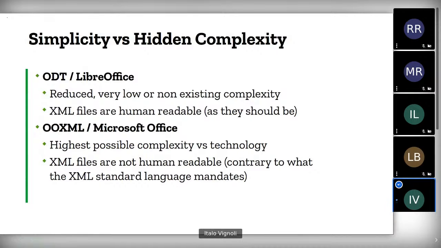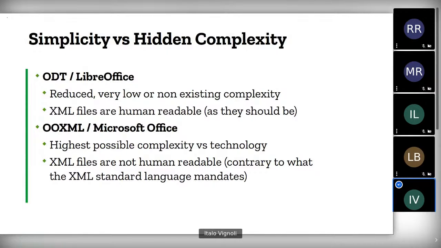XML files are human readable, as they should be, but they are so clear that when I show them to end users, they are always amazed by how clear, straightforward, how simple the XML document behind the file is.